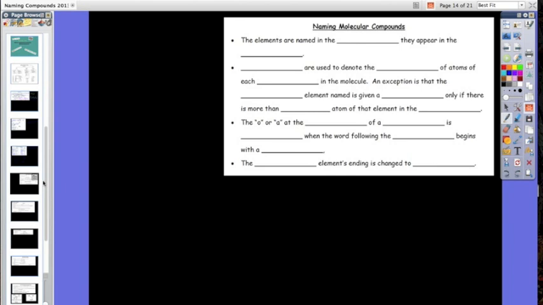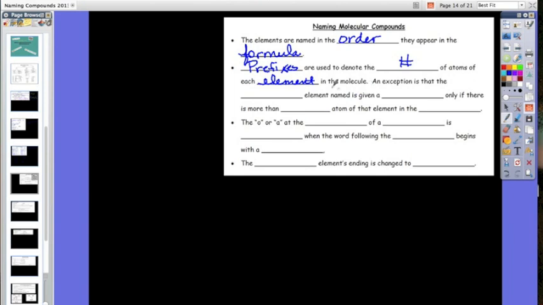So what are the rules for actually naming those? Well, for molecular compounds, when we're naming them, the elements are named in the order in which they appear in the formula. And the prefixes are used to denote the number of atoms of each element in the molecule.